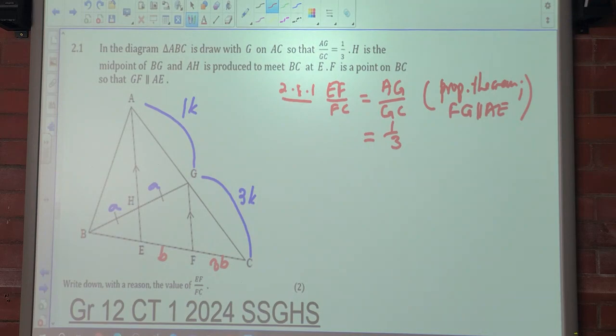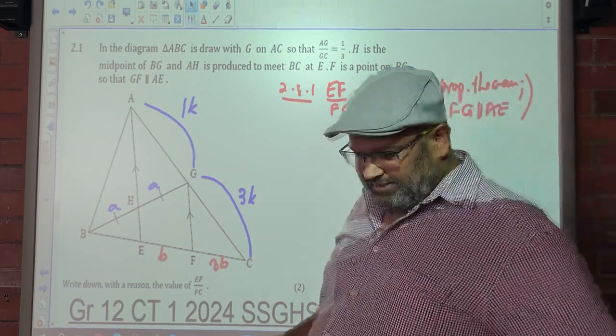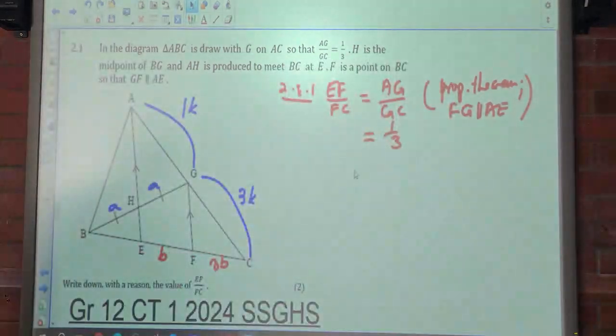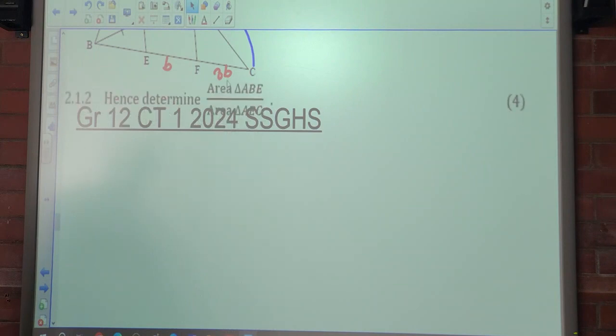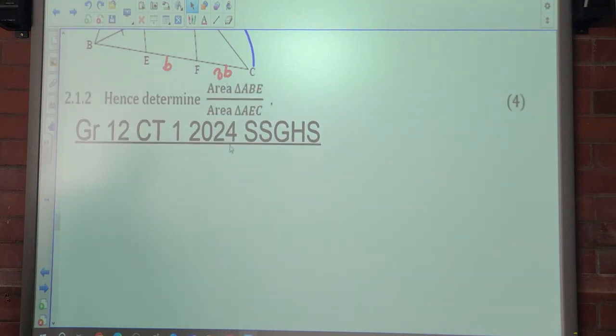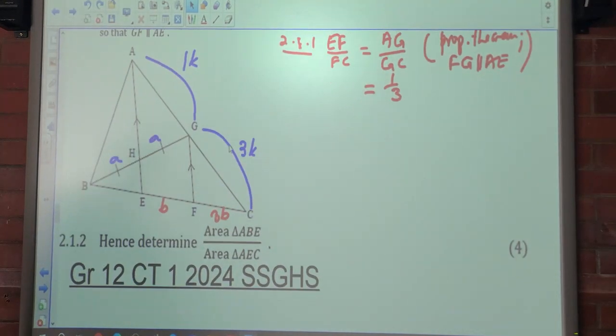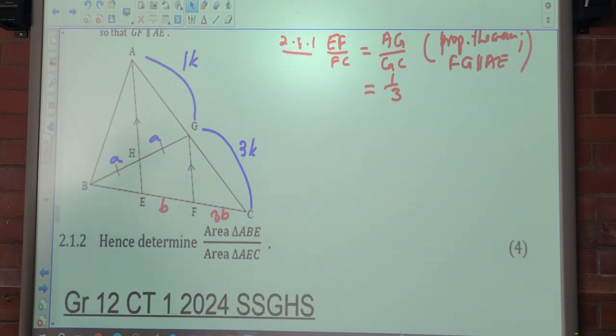Then the next question says, hence. So what does hence mean? It means use the previous calculation's answer, not so.